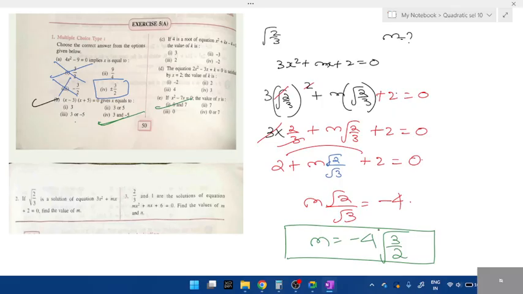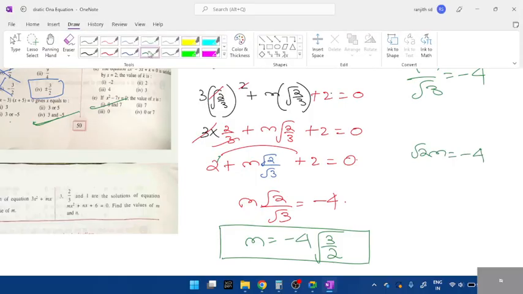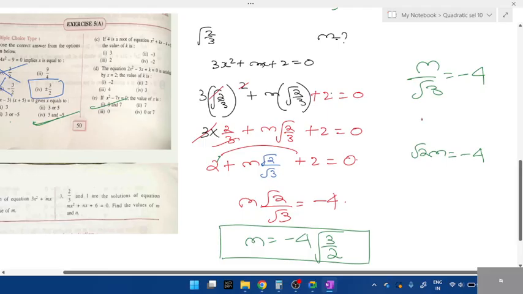Exercise 5A, second question. Yeah, reciprocate. See, √3 is in denominator position, right? Yeah, with respect to x bar. How do you solve this question? Respond. What happens to √3?